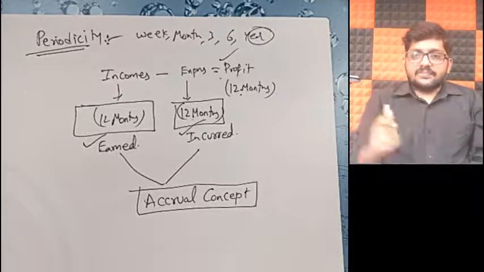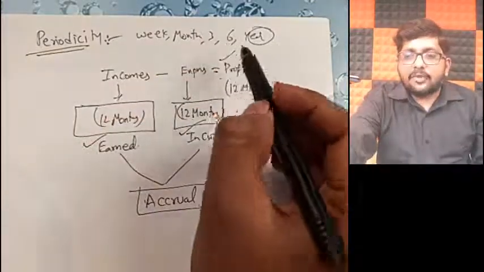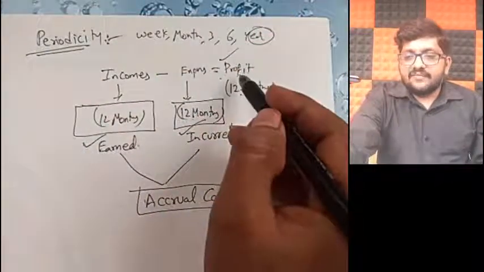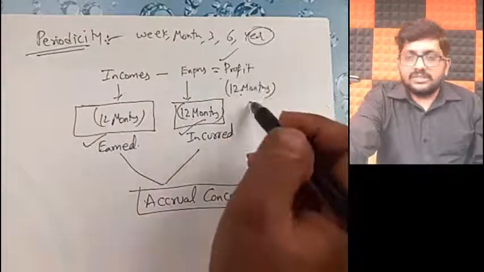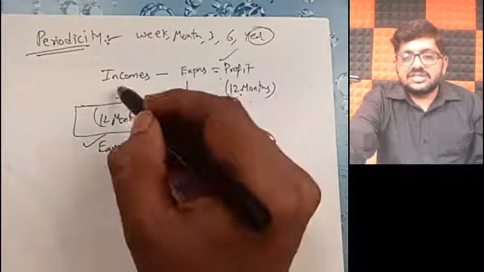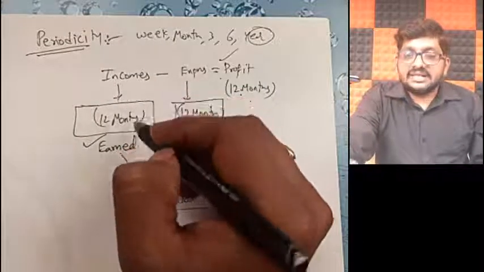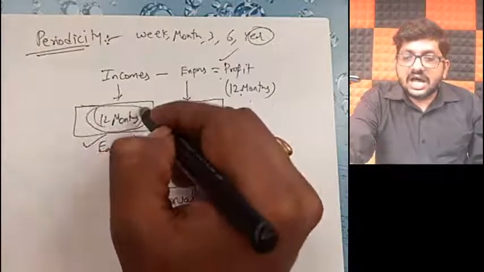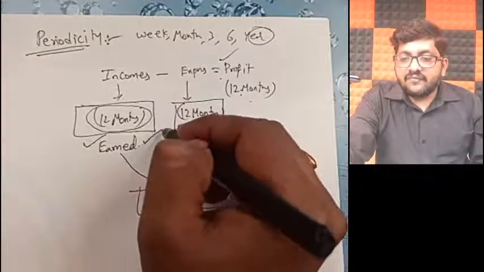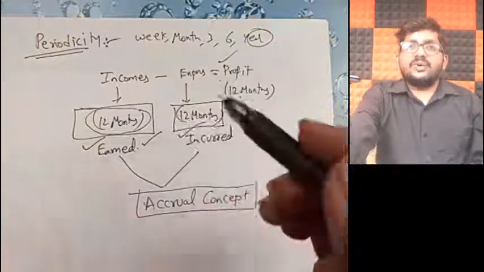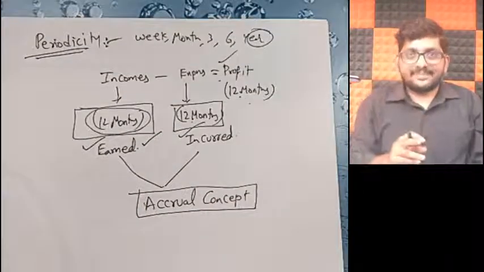Try to understand this. Periodicity concept says you have to follow a period. For example, if you want to find out a profit for 12 months, your expense should also be for 12 months, your income should also be for 12 months. That is the reason, because these 12 months are to be taken into consideration, we have taken the incomes earned during the 12 months, whether received or not.